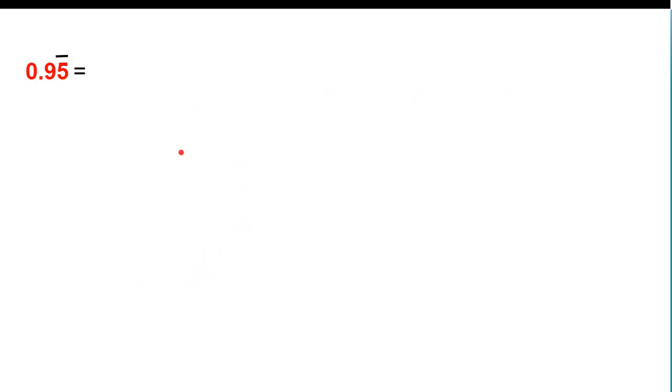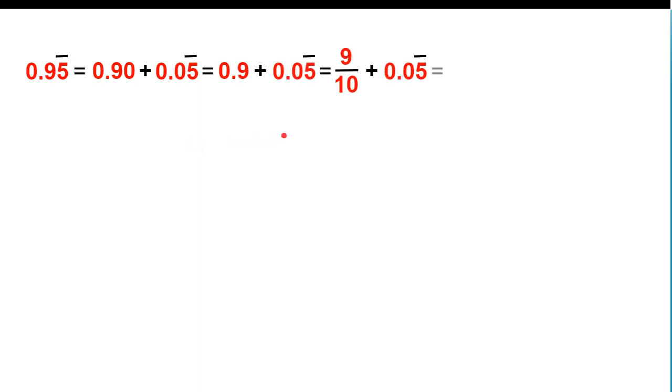0.95, only the 5 is recurring, same concept. 9 over 10 plus 0.05, multiplied by 10 and divided by 10.